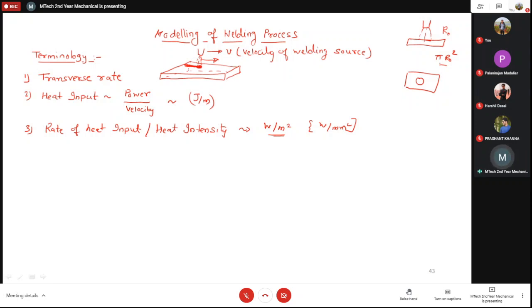So heat intensity varies in various processes.